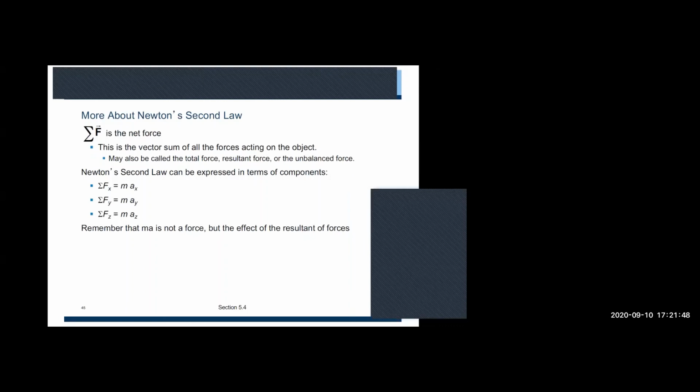For Newton's second law, we are not confining ourselves to one-dimensional problems. We could always encounter problems in three dimensions. The technique of solving the problem is the same. We try to separate them into different components, and we could then use Newton's laws in different directions.